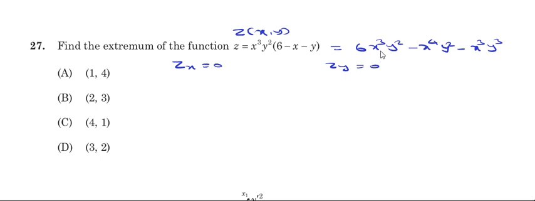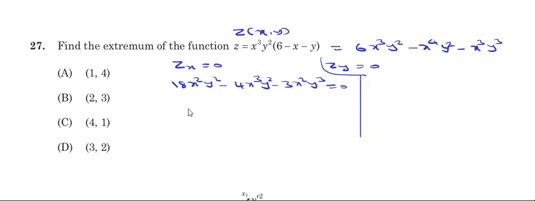So partial differentiation with respect to x will give you 18x square y square minus 4x cube y square minus 3x square y cube equal to 0.